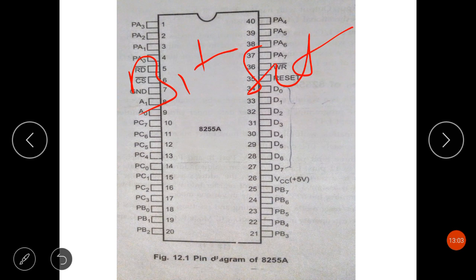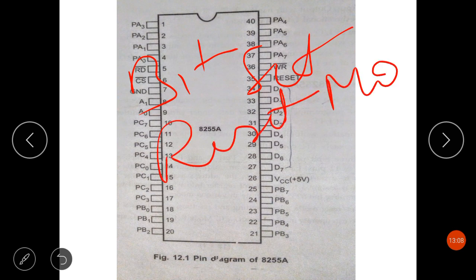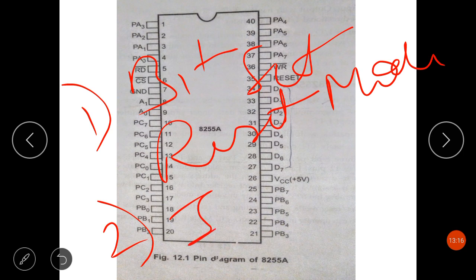In bit set or reset mode, the individual bits of port C can be set or reset by sending a single OUT instruction to the control register.